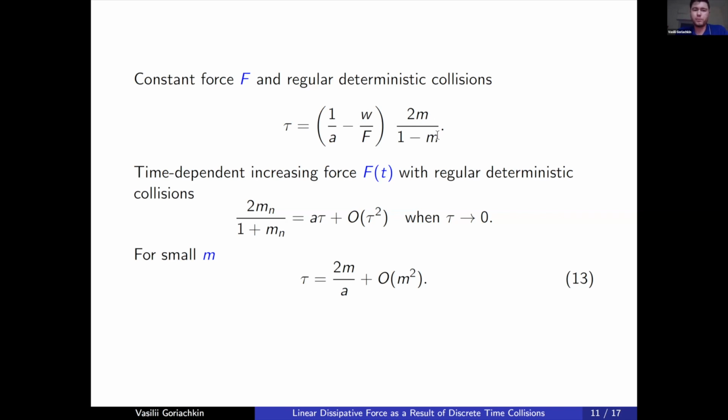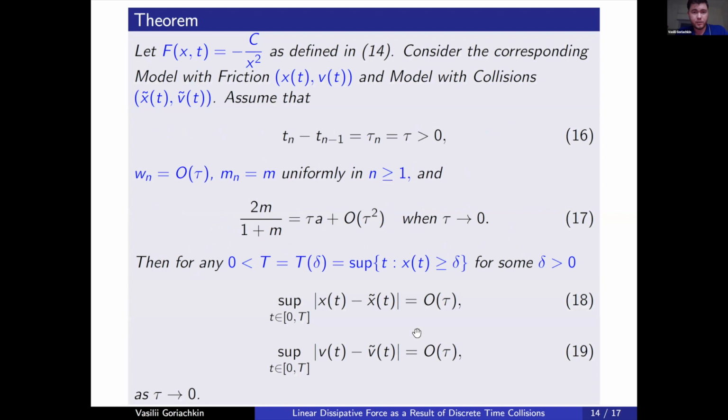And in the other cases, when we considered even a force which depends on X, we got the same expression. So for almost all forces which are smooth enough, even if the force goes to infinity, one case is the asymptotic case, another case is a finite interval. But in both cases, we have the same expression for A, tau and m.